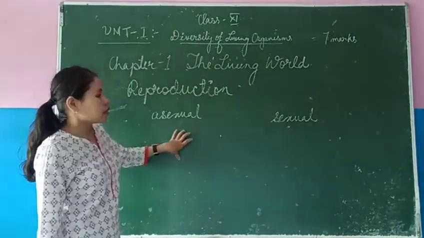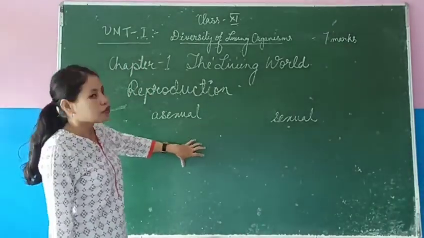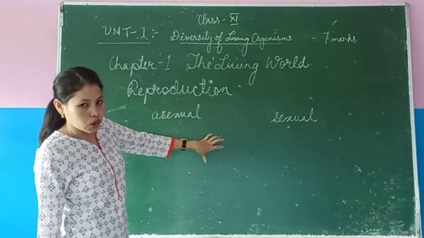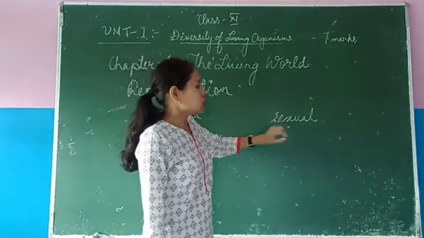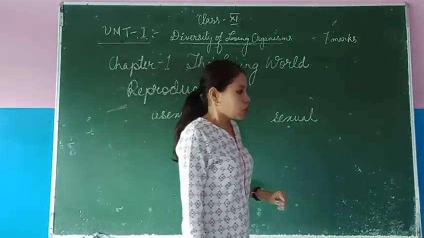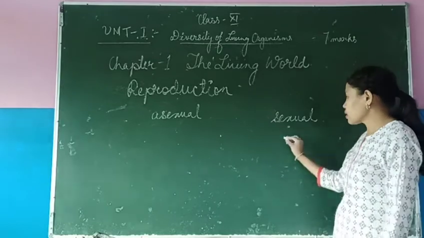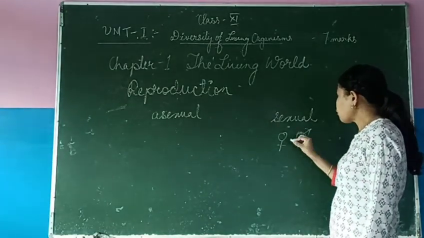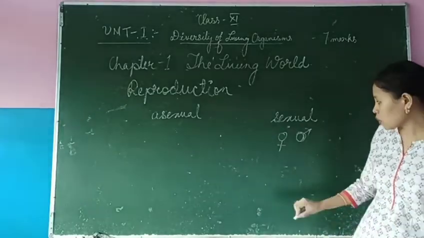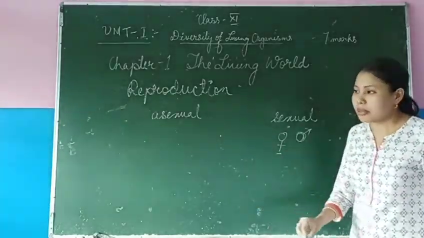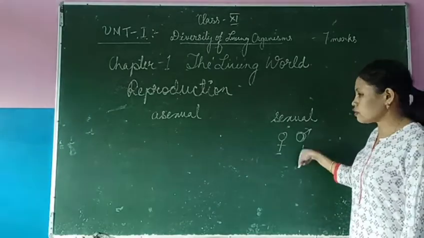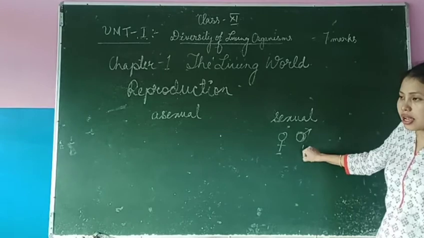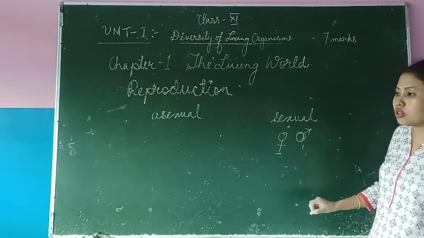A single parent will divide and result in the formation of new daughter individuals. However, in sexual reproduction, 2 partners, a male and a female, are required. The male will produce male gametes, the female will produce female gametes, and there will be fusion of the gametes resulting in the formation of a new individual.